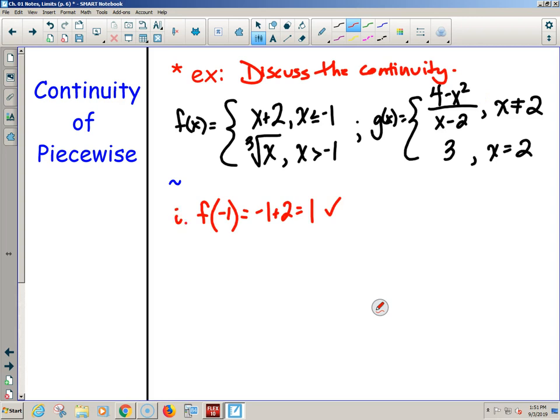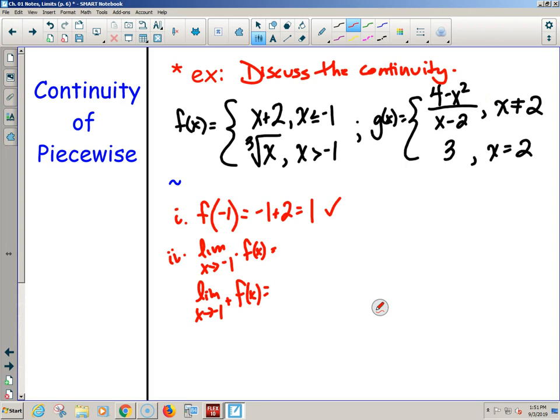Okay, what's condition number 2? Okay, so I have to do the limit. Wait a minute, but I have 2 different sides, don't I? So I have to take the limit as x goes to -1 from below. I take the limit as x goes to -1 from above. And I have to compare.